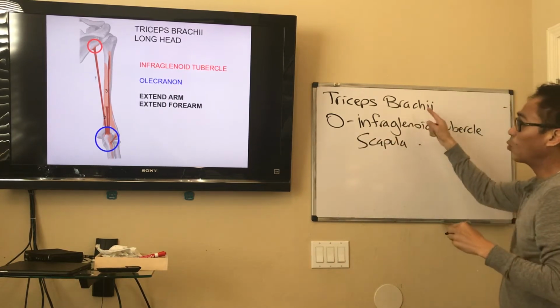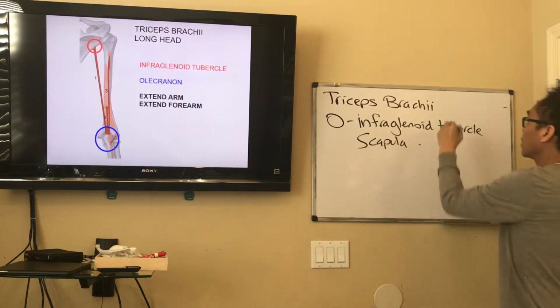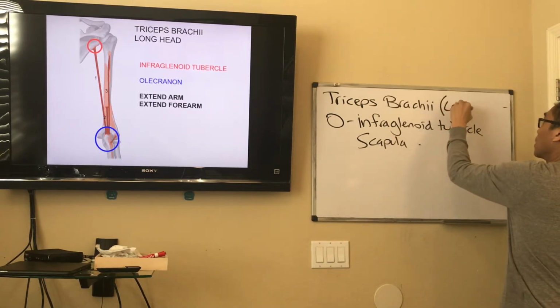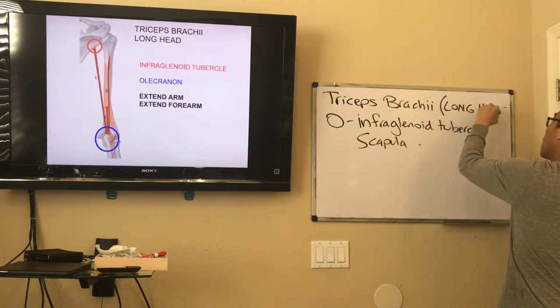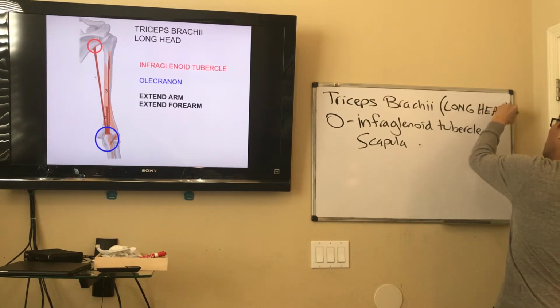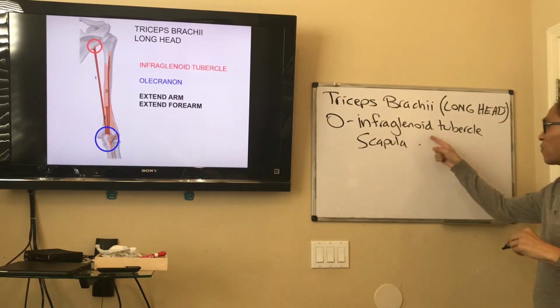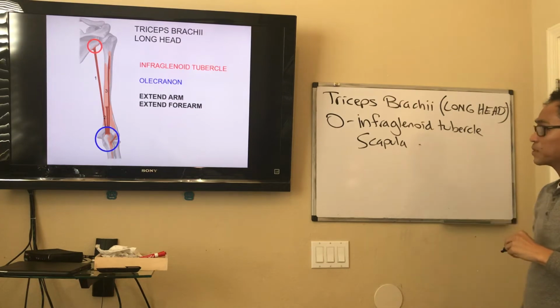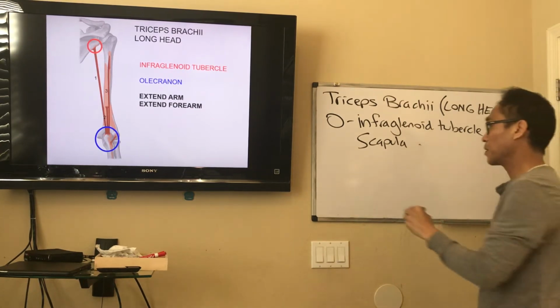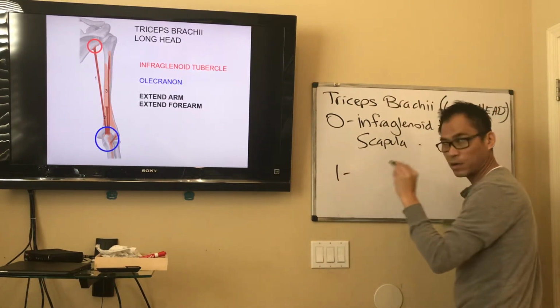So again, this is only the long head. The infraglenoid tubercle has an origin on the scapula. It's going to insert all the way down past the elbow on the olecranon.